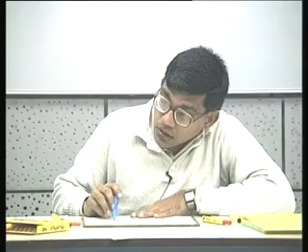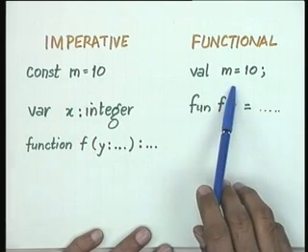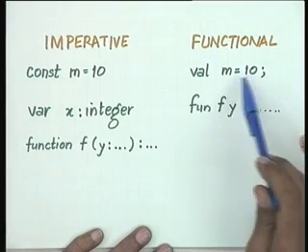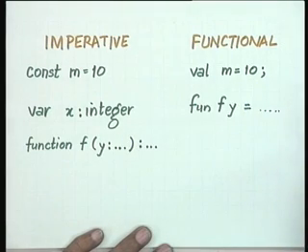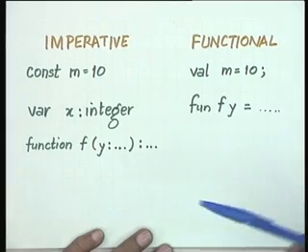And in fact the functional language declaration of this form is exactly the same. It gives you a name value binding. Yeah. So that is what binding means. So the meaning of m is just the value 10 within the scope in which it is declared, right.